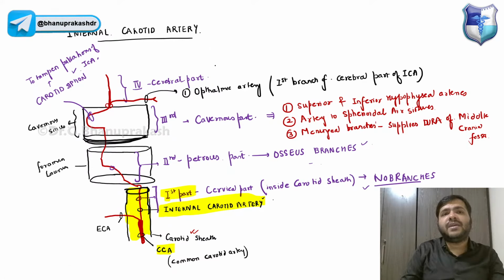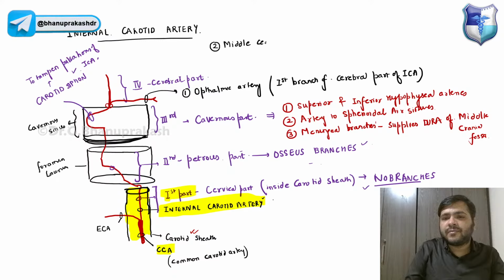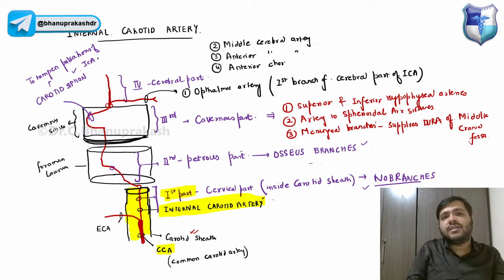So we have the ophthalmic artery. The other branches which you can just write over here: the middle cerebral artery, the anterior cerebral artery, and the anterior choroidal artery, which supplies the choroid plexus.